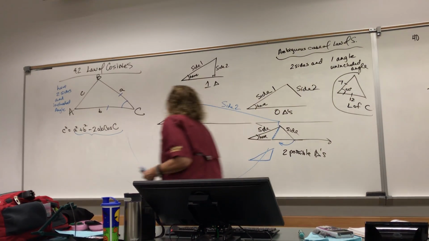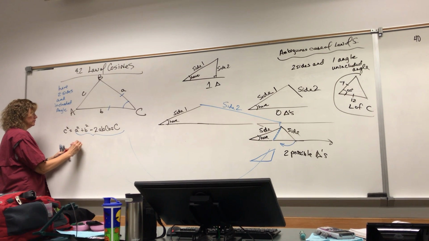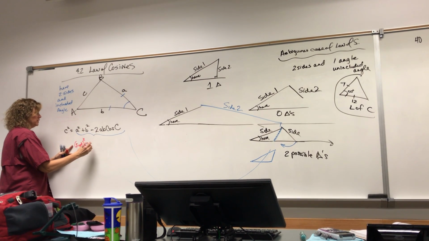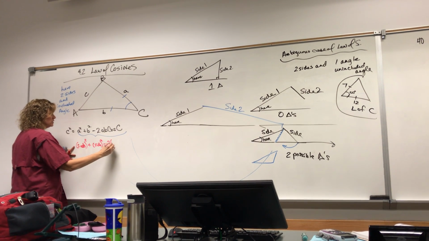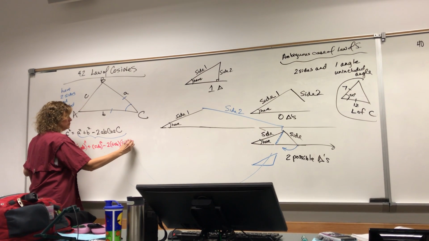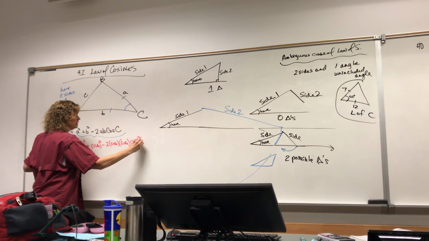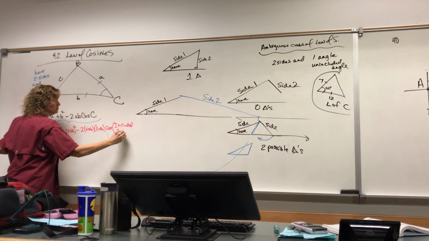Okay? So, a is a side. b is a side. Minus 2 times the side times the side times the cosine of the included angle.